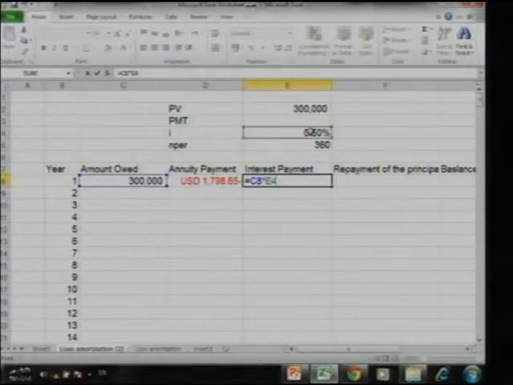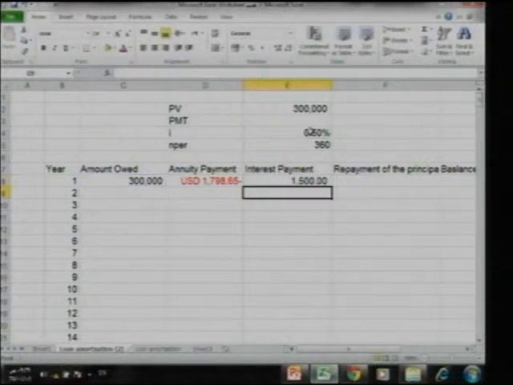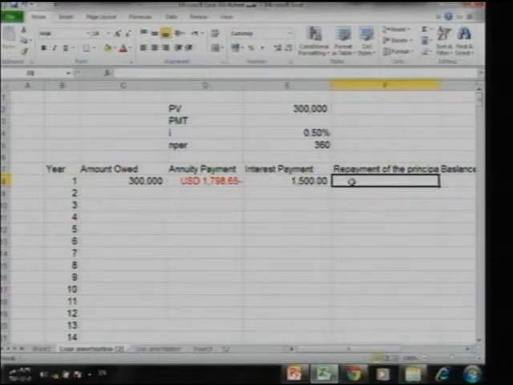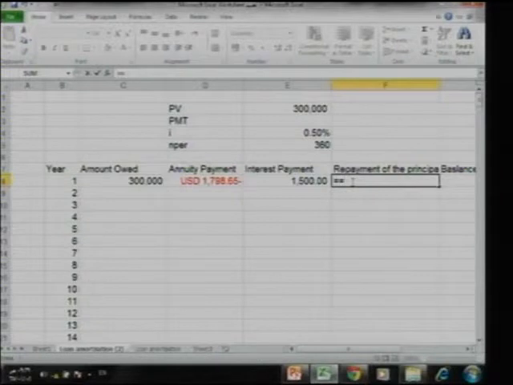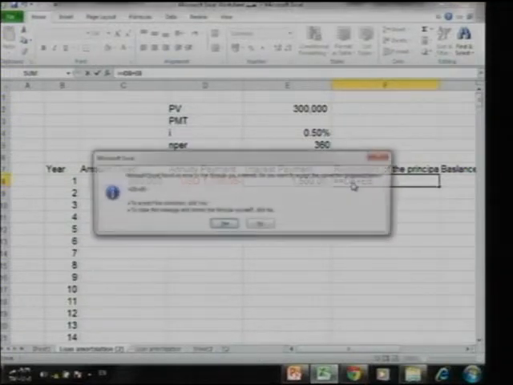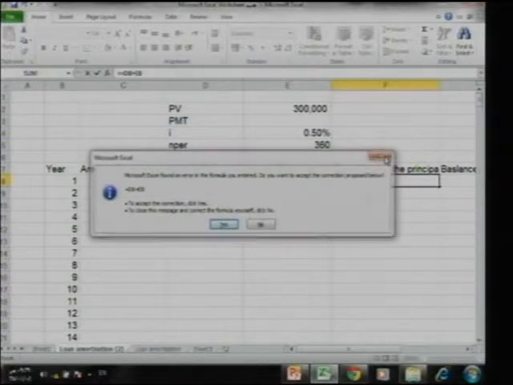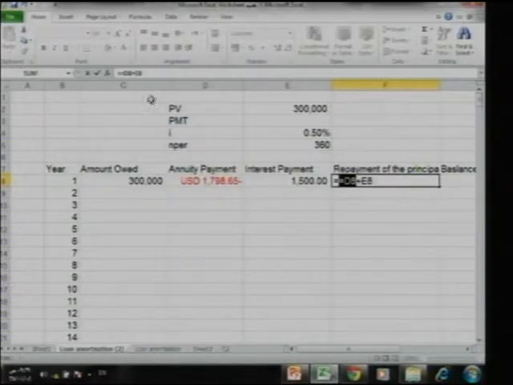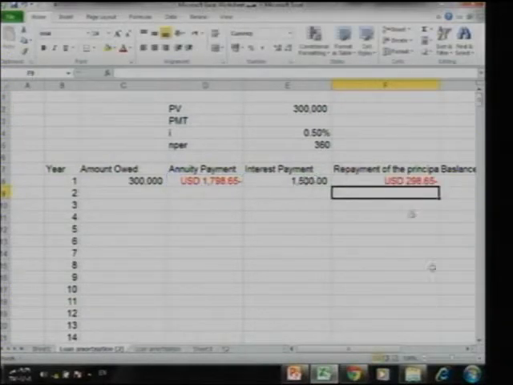Okay, is it right? Now, the second prepayment is equal this plus the interest payments. Is equal this one plus this one. Okay?